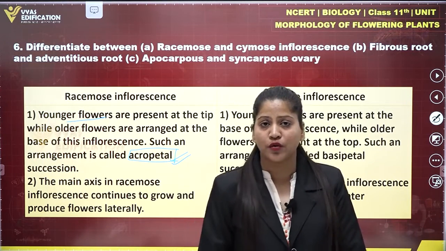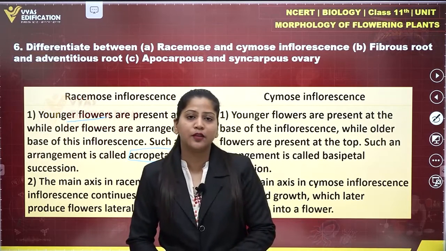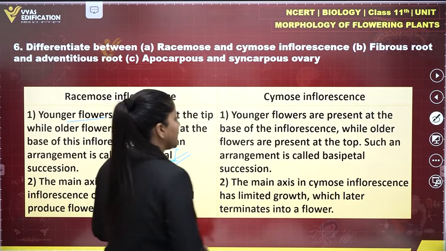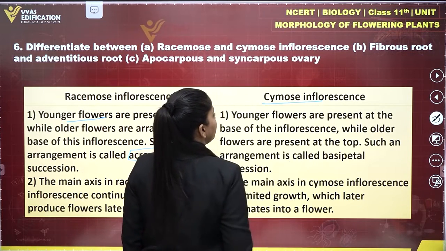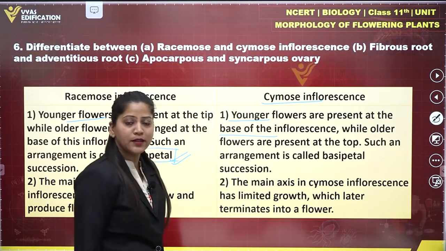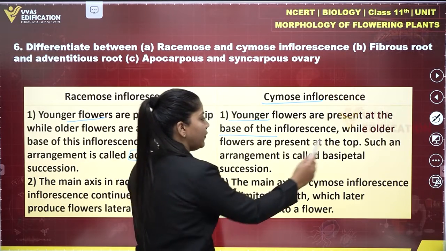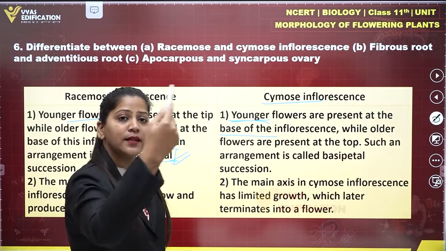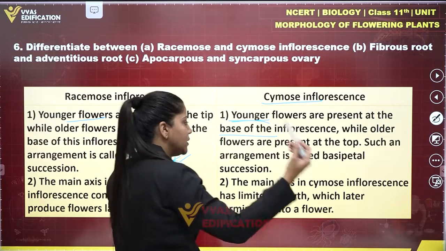Whereas the cymose inflorescence is said to be basipetal succession. So in cymose inflorescence, younger flowers are present at the base of this inflorescence, whereas the older flowers are present at the tip.